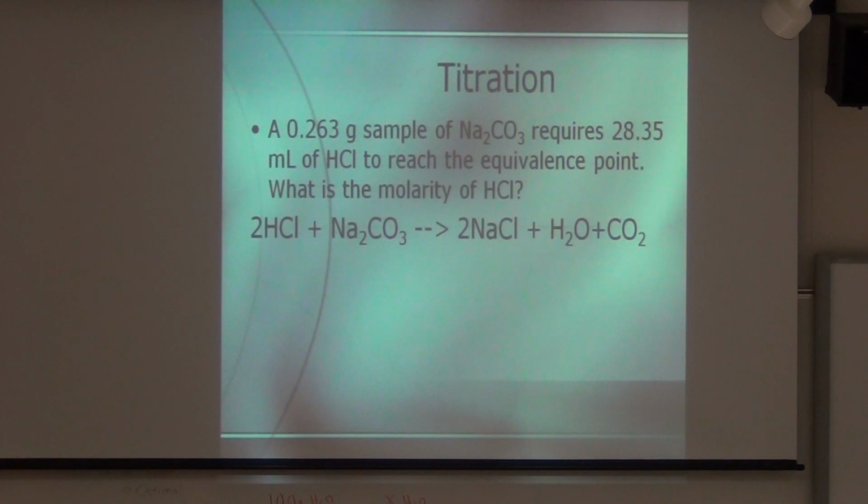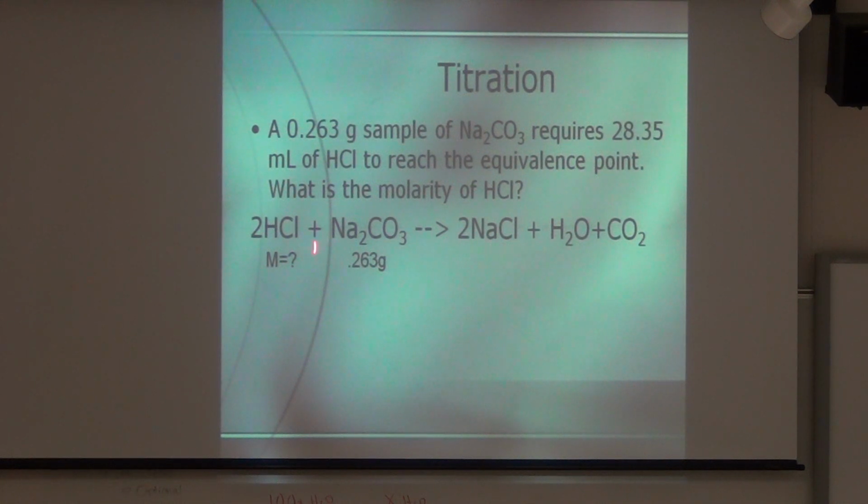Again, we're given a mass of sodium bicarbonate. So that's a known value. 28.35 mL of hydrochloric acid. That's a known volume. And we are looking for molarity. So under your balanced chemical equation, jot down what we know, what we're hunting for.